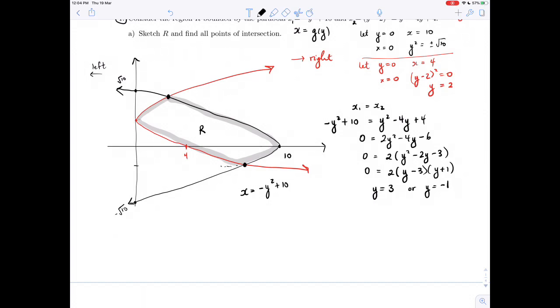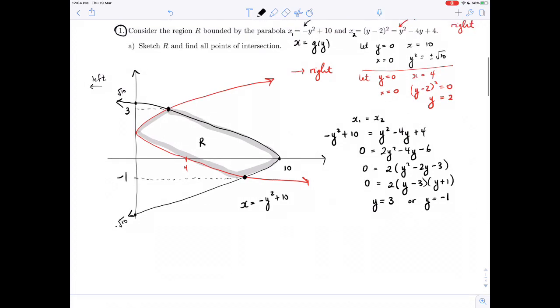So that seems to fit pretty well with the diagram that I've made here. So that looks like we've got y values at minus 1 and 3, and the only thing left to do is figure out the x values so that we have the full coordinates of the point of intersection.